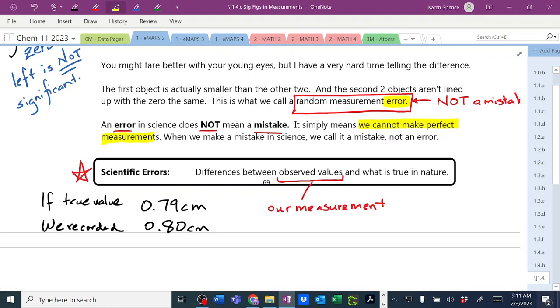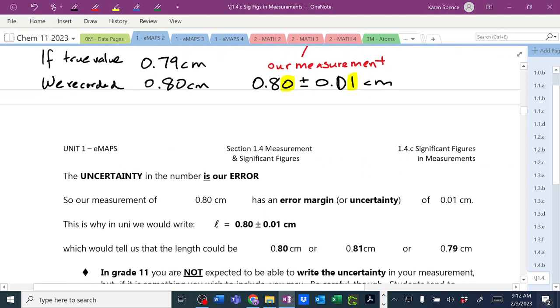So our scientific error is talking about our margin of error. And what is our margin of error? Our margin of error is our uncertainty, because we could be plus or minus 0.01 centimeters. Remembering, of course, that our hundredths position is the uncertain digit, and our uncertainty must also lie in the uncertain digit.